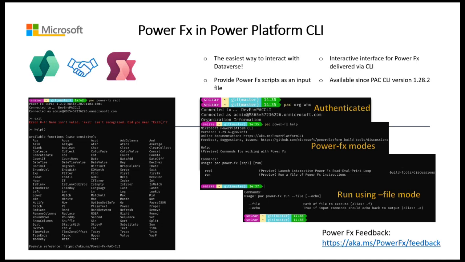You can track that by the reference link at the very end of this list for the formula reference. That reference link will take you to a location with all the formulas you can use from PowerFX within REPL, within this PAC CLI. So go ahead and give that a shot.